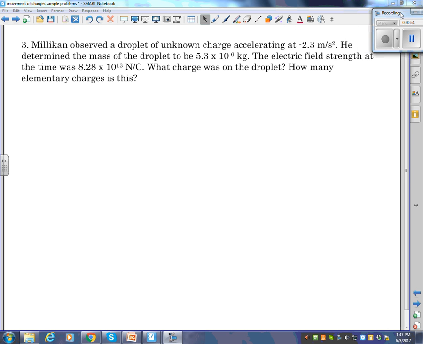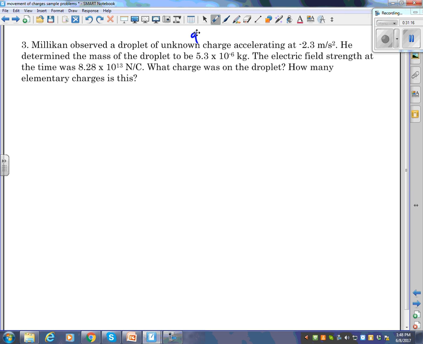How about you guys find a partner, or on your own if you want, and try that one. This one's a little bit different. I'll give you a little hint. I'll get you started. Millikan observed a drop of unknown charge.